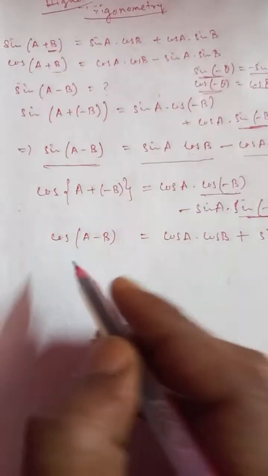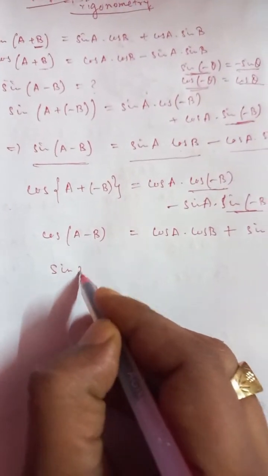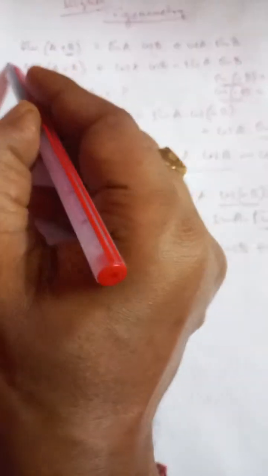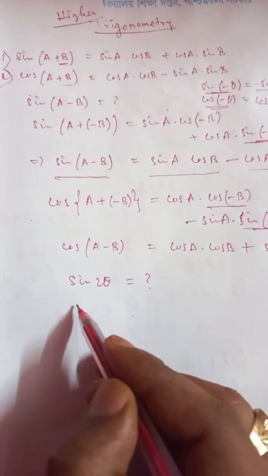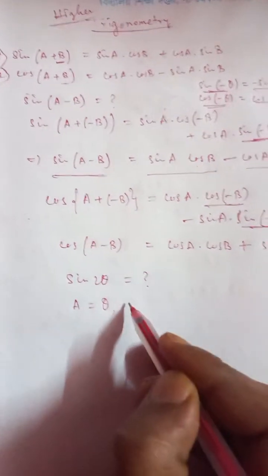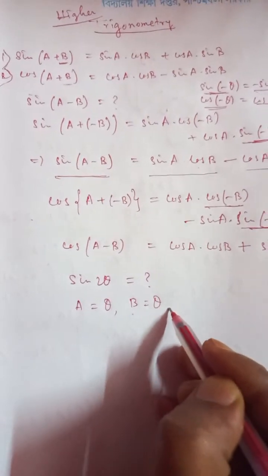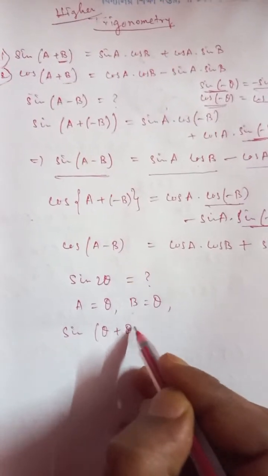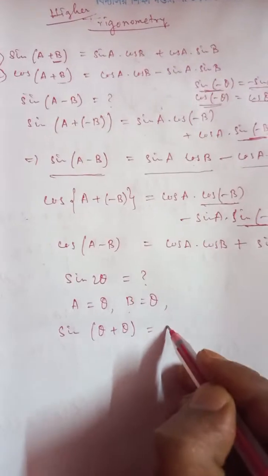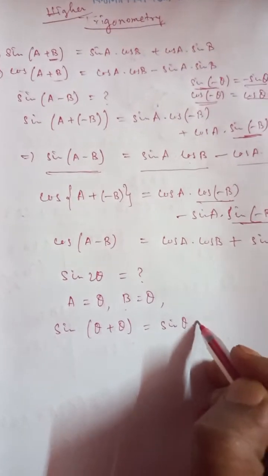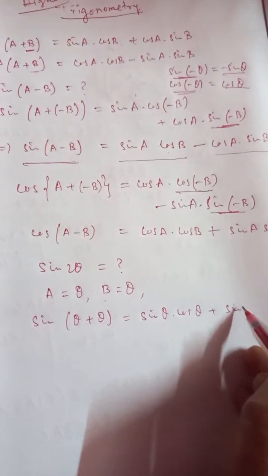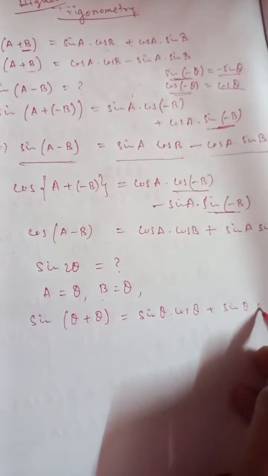Now if we wish to find out sine 2 theta, what will be the value of sine 2 theta? Using the first formula, we will put A is equal to theta and B is equal to theta, and we will get sine theta plus theta, which will be sine theta cos theta plus sine theta cos theta.